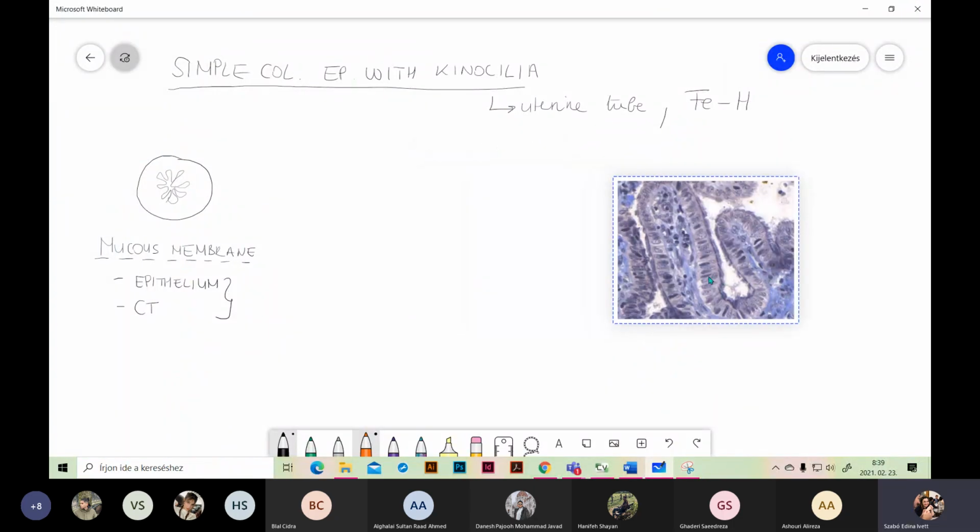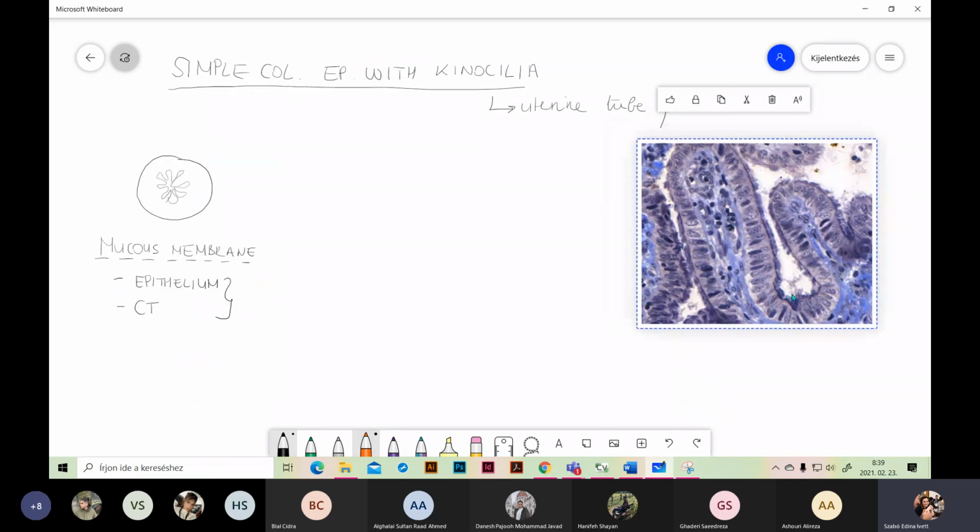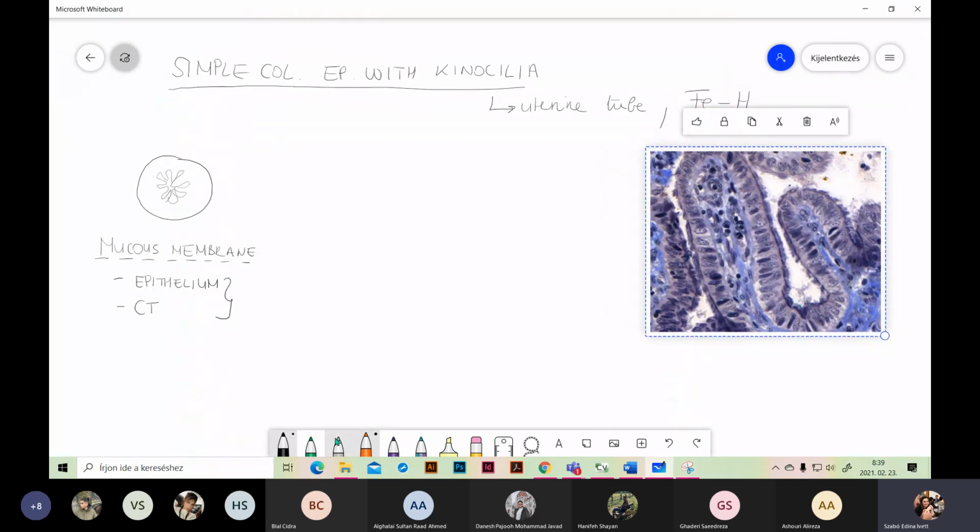This is a simple epithelium because the cells are arranged in one row, and I'm drawing the columnar cells. These are columnar cells.